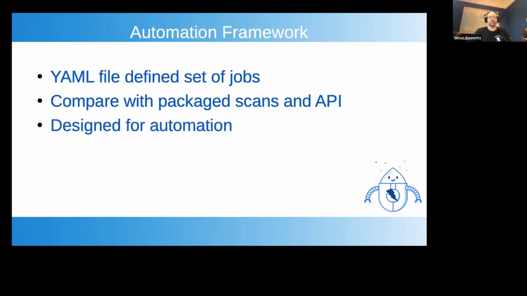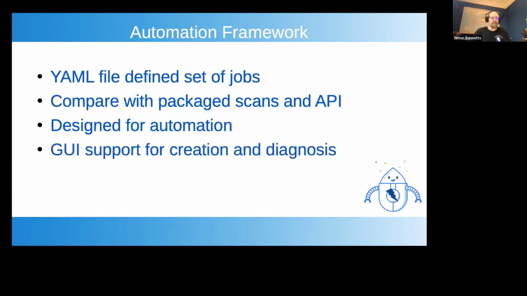So the automation framework is, not surprisingly, designed for automation. You can run ZAP from the command line, pass it a YAML file, and then ZAP will run the set of jobs you've defined, and it will exit. So you don't need the user interface at all, which is what you'd expect for automation. However, it does actually have GUI support as well. You can create the automation plans, run them, and diagnose them from within the GUI.